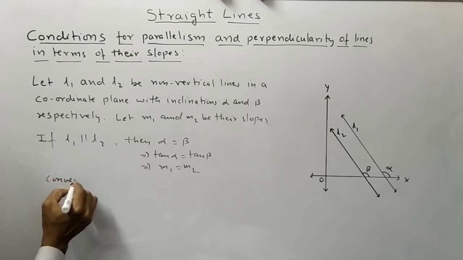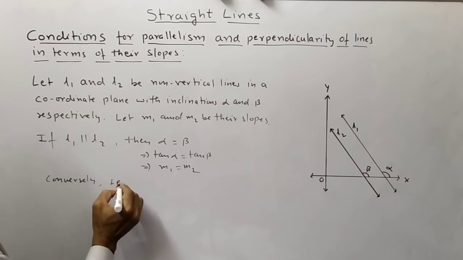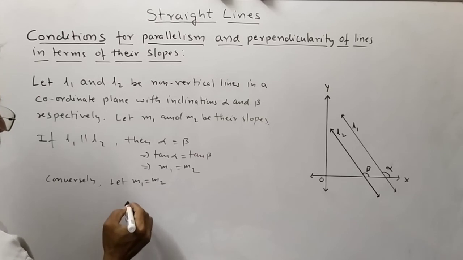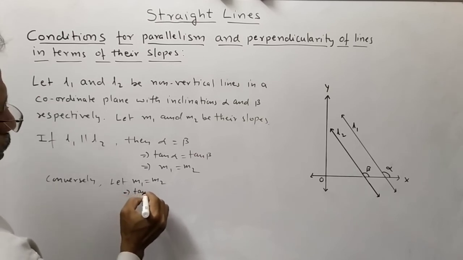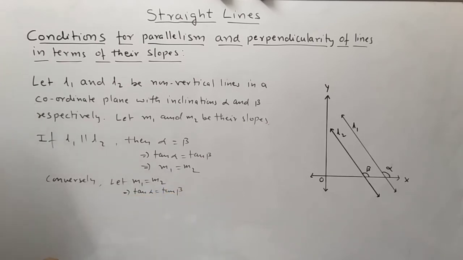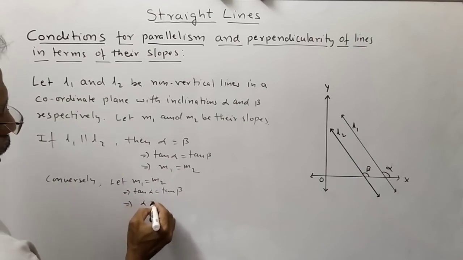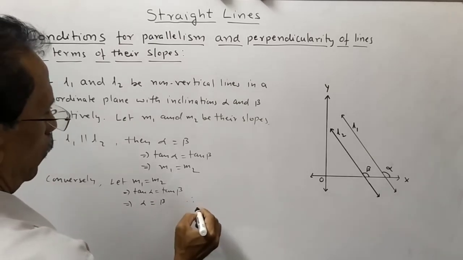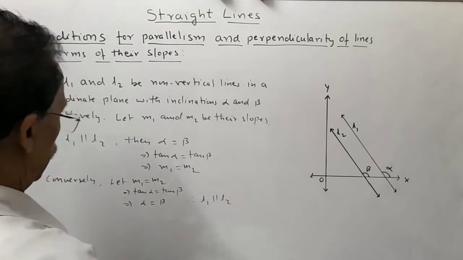Conversely, let m1 is equal to m2, implies tan alpha is equal to tan beta, implies alpha is equal to beta. Therefore, L1 is parallel to L2.